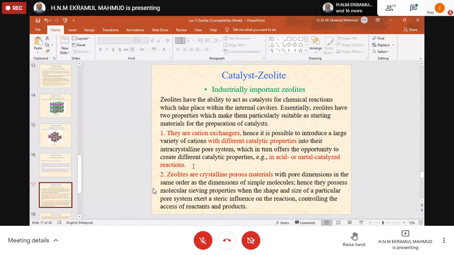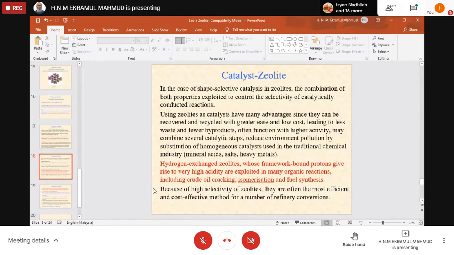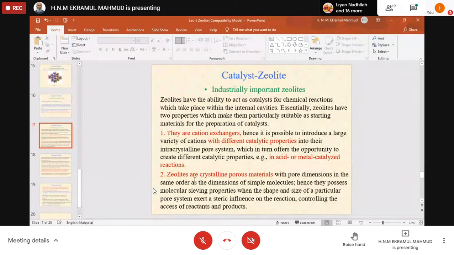We can bring any other metals also onto the surface of this catalyst. So zeolites are crystalline porous materials with pore dimensions in the same order as the dimensions of small simple molecules. Hence, they possess molecular sieving properties.